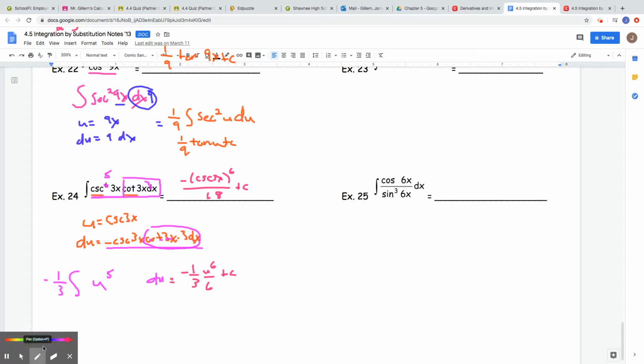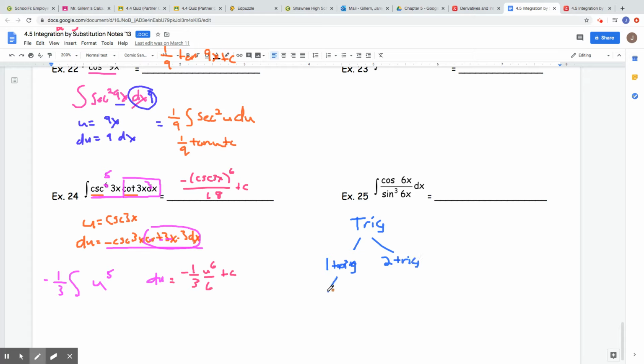So just to close, if you have a trig problem with substitution, what I want you to ask yourself is, is there one term, one function, or is there 2 of them? Is there 1 or 2 trig functions? We'll call this 1 trig, 2 trig. 22 is an example of having 1 trig in it.